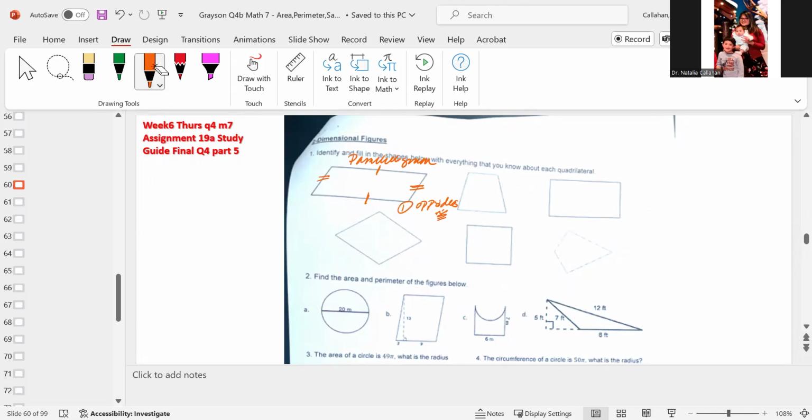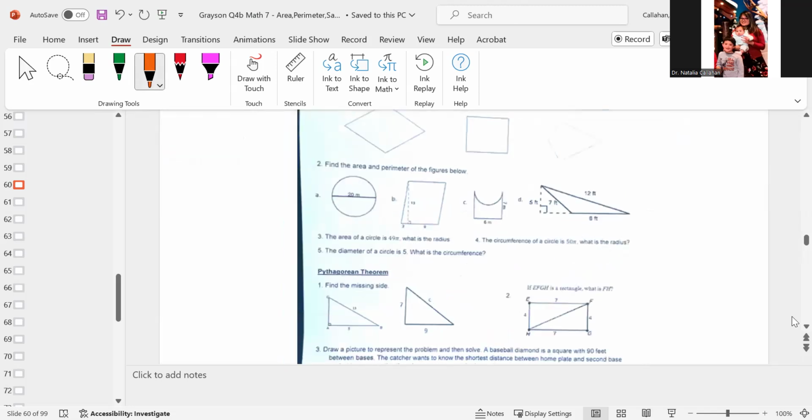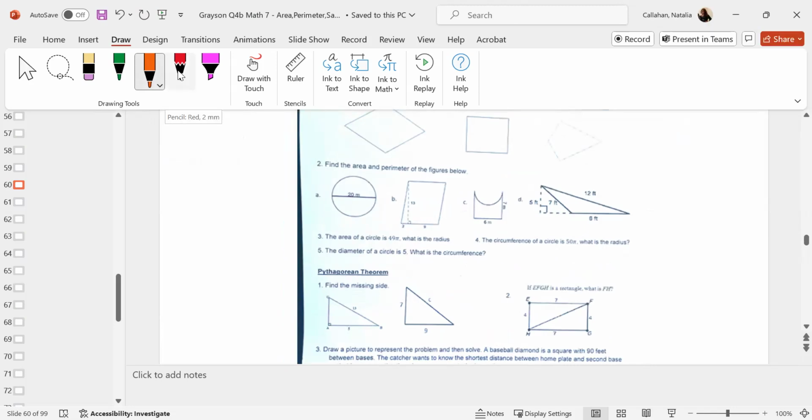And actually, let's do a chart. Hold on. It might be easier if we just do a chart. So I want you to create a chart on a separate piece of paper. Go get out the piece of paper that's supposed to go with this.